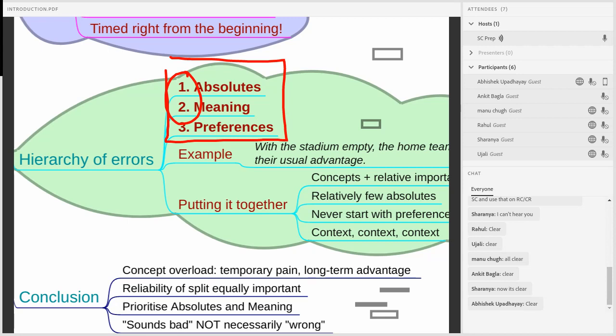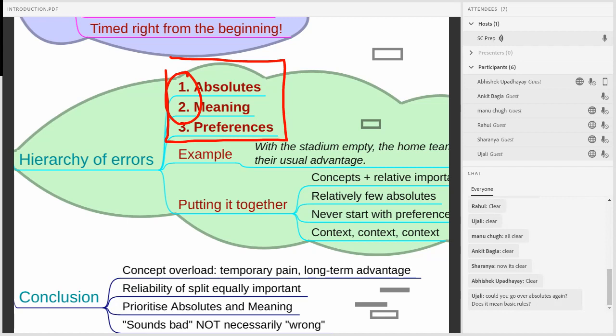So if you can see an absolute, right, don't bother about meaning. Let me be very clear. If you can see an absolute, don't bother about meaning on the day of your exam. While you are practicing, please look for meaning so that you can practice your ability to understand the meaning in a timed manner.